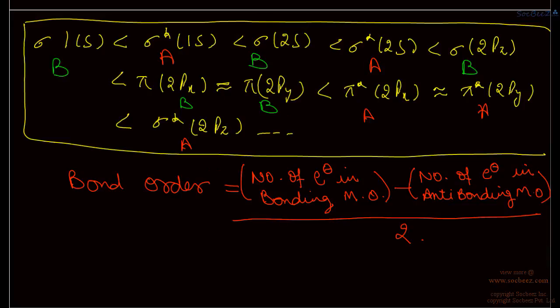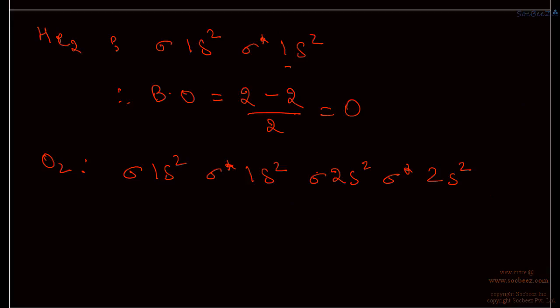After sigma star 2s there is sigma 2pz, and then pi 2px and pi 2py. So here will be sigma 2pz, and now pi 2px and pi 2py will be filled.